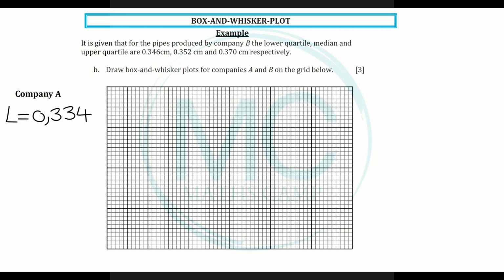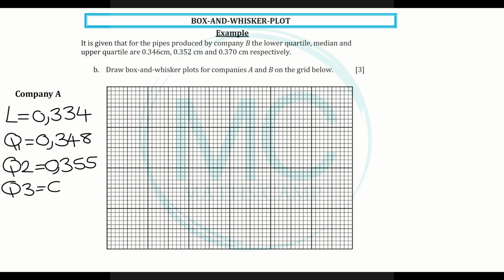From part A, I know that Q1 is 0,348. I know the median Q2 is 0,355. Q3 is equal to 0,366. And we know that the highest value is 0,374.